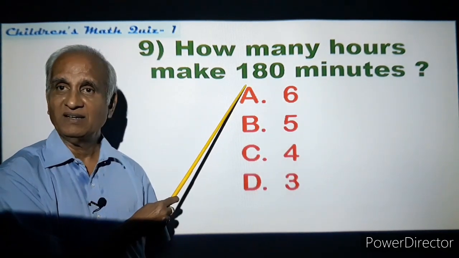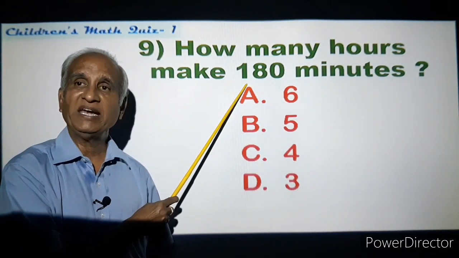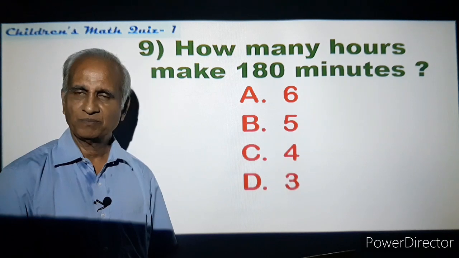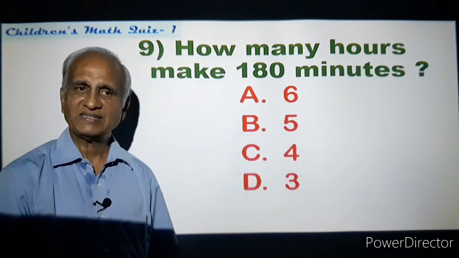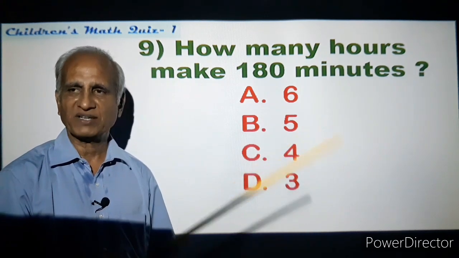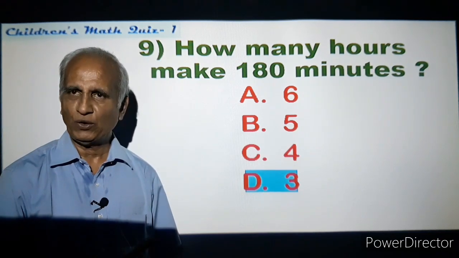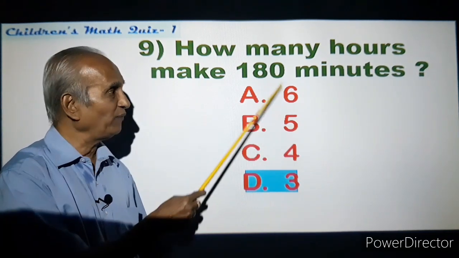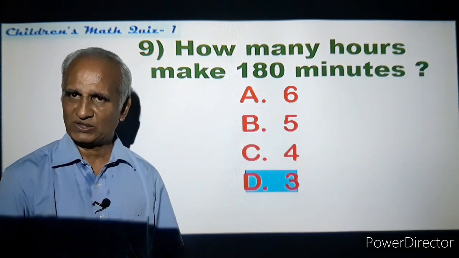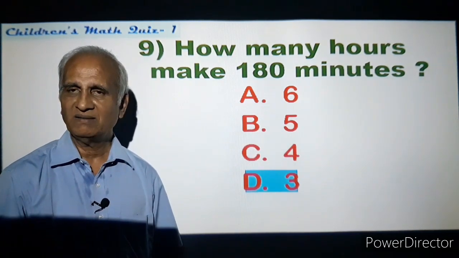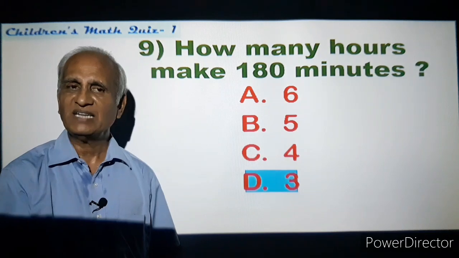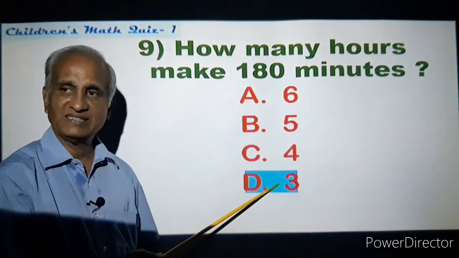We have to decide how many hours are 180 minutes. 60 plus 60 plus 60. Answer should be 3 hours. Or in 60 you have a 0, leave it out. 180 you have a 0, cancel it out. 18 by 6, it is 3. 3 hours. D is the answer.